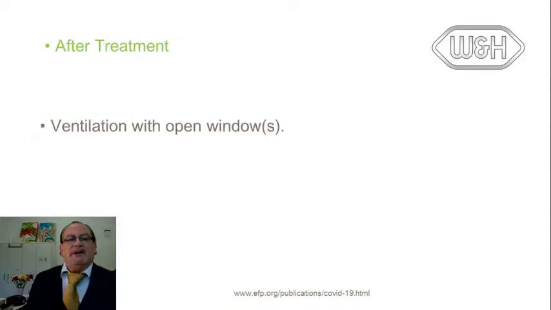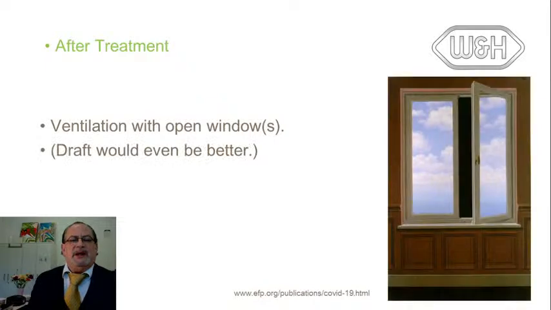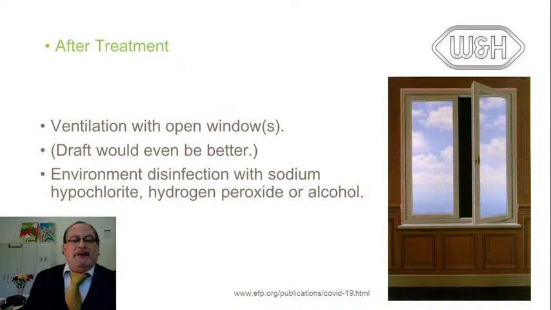So after treatment, ventilation with the open window or windows is very important, and it would be even better if we create a draft by opening windows that are in opposing walls. And then we have to disinfect the environment with sodium hypochlorite, hydrogen peroxide or alcohol.